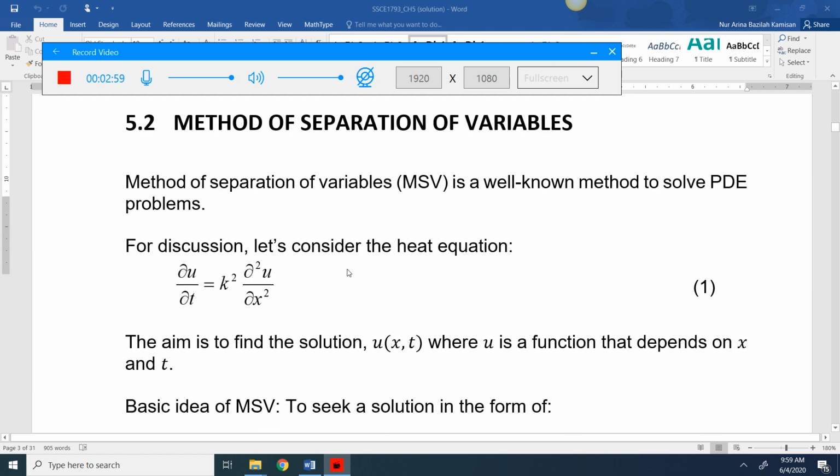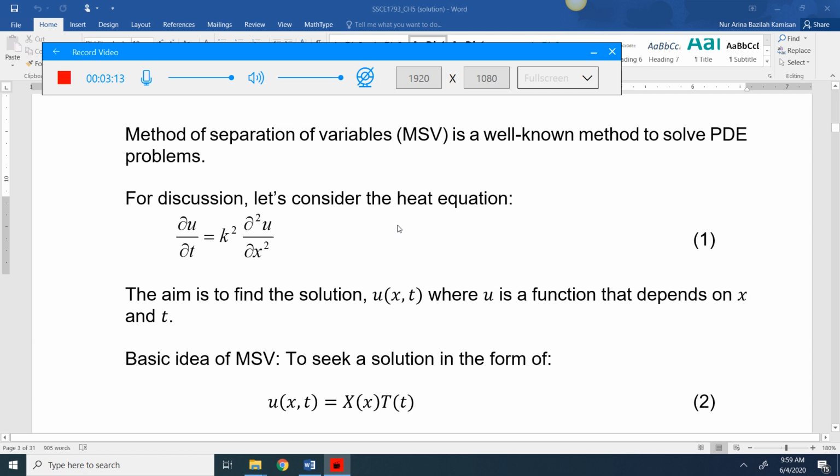So the first method in PDE is the method of separation of variables. This method is actually very simple, and I think we have learned about this method in chapter 2 or 3. So let's consider the heat equation that they just gave you in the section above.